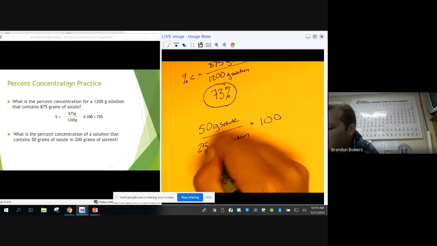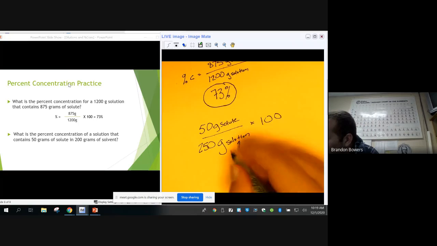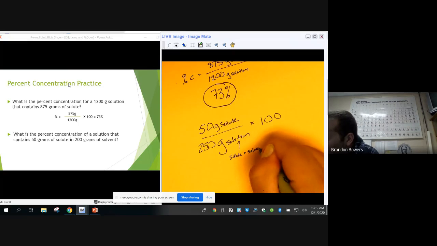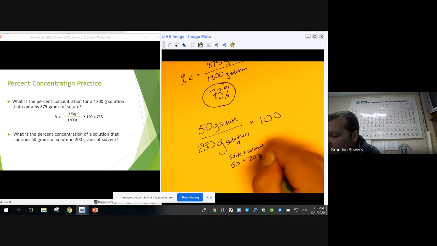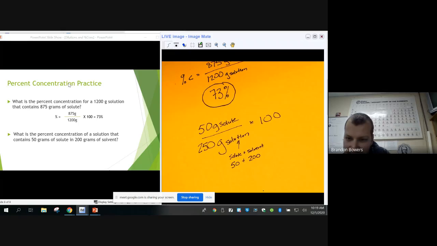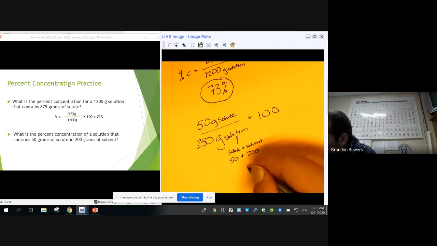I have 250 grams of solution because solution is the solute plus the solvent. Where the solute in this problem was 50, the solvent was 200, and that's how I got 250. All right. So now, once again, you plug it in your calculator. 50 divided by 250 times 100. I got the answer to be 20%.